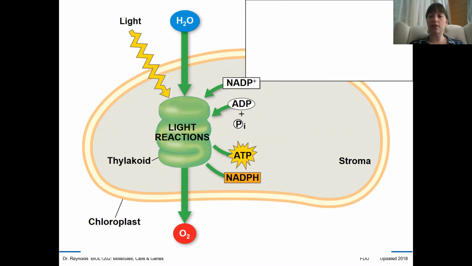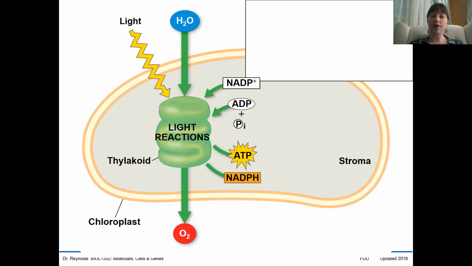So this is an example of a phototroph, right? Photo refers to light. Since water is the source of electrons, and water is an inorganic molecule, you'll note there's no carbon, this is an autotroph, where autotrophs utilize electrons from inorganic sources.